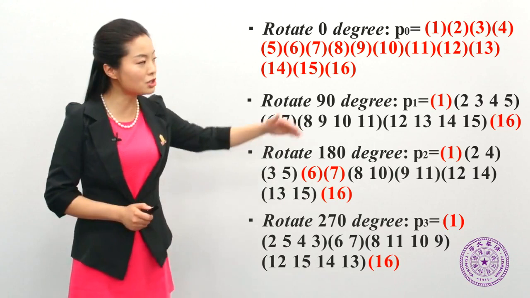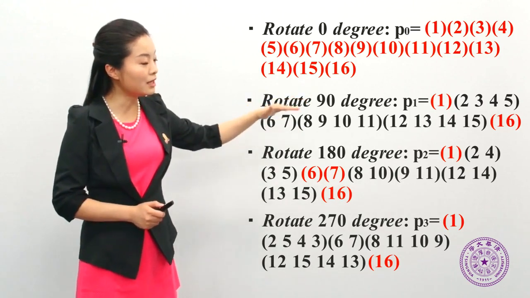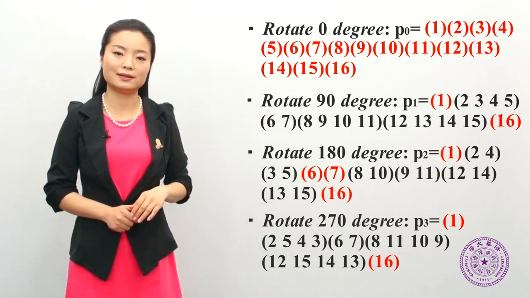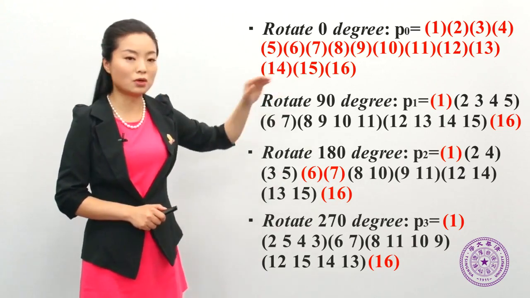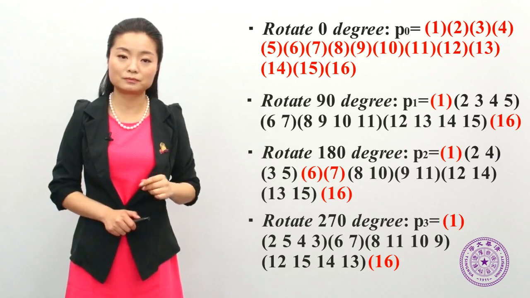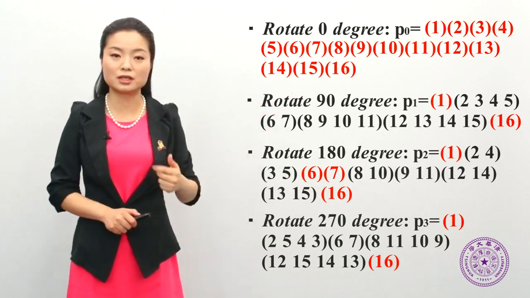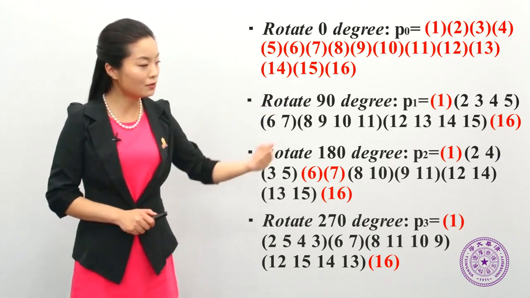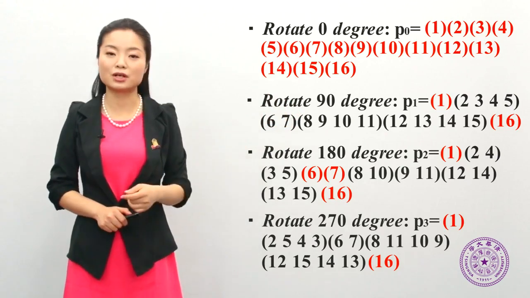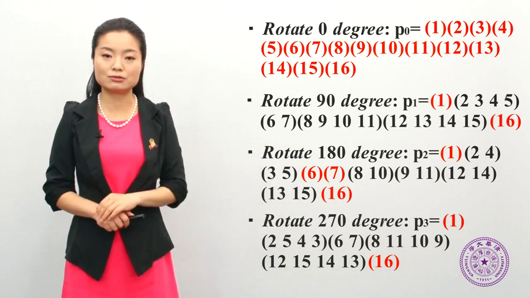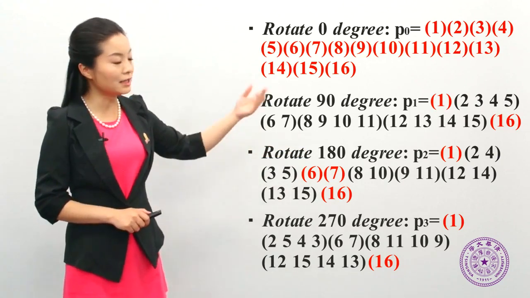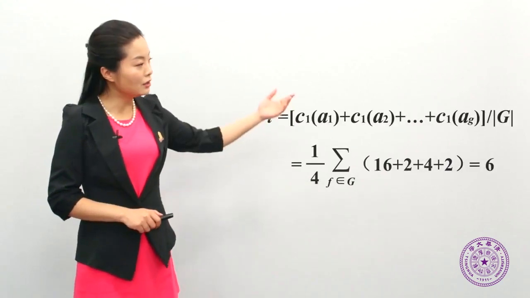If we only consider rotations, then for each permutation we can see how many one-order cycles there are. Under 0 degree rotation, there are a total of 16 one-order cycles. The rotation of 90 degrees has 2 one-order cycles, the rotation of 180 degrees has 4, and 270 degrees has 2.